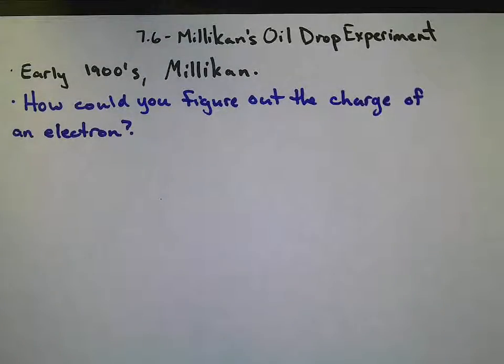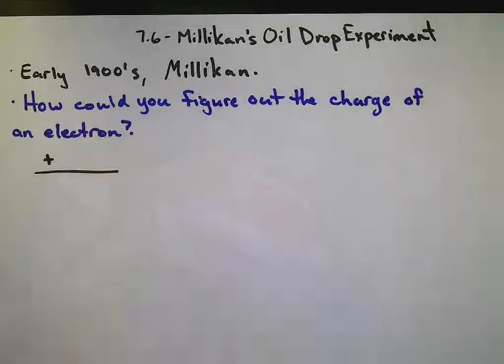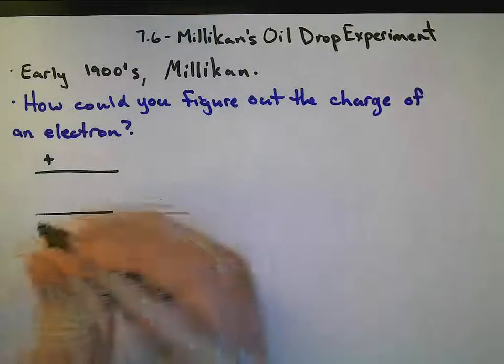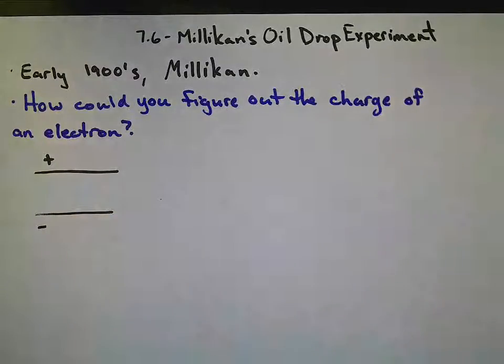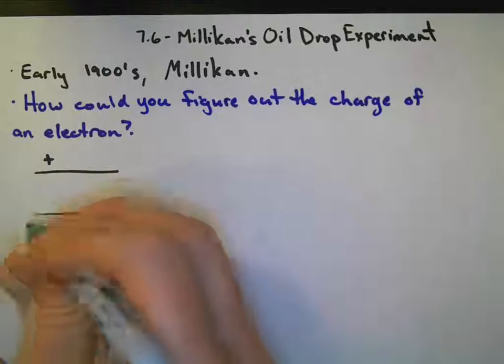He was taking two plates separated by some distance d, so a positive end and a negative end of the plate, and he was putting a fine mist of oil, shooting it through these charged plates.